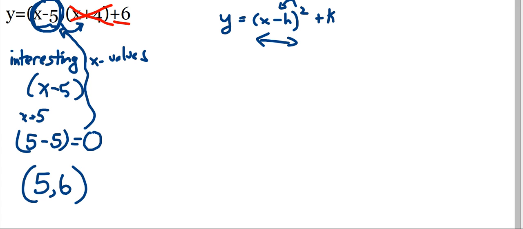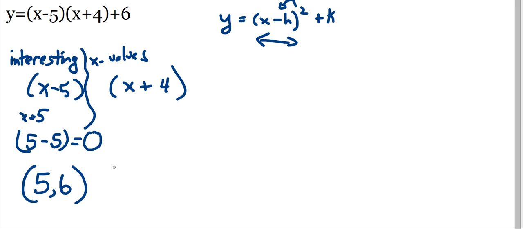Let me just use my eraser and get myself some clean thinking here. Okay. But not only do we have one bracket, we have another one here as well. We've got x plus 4. Well, this suggests that it's going to move us to the left, or if we pick negative 4, that'll be adding 4, we get 0.